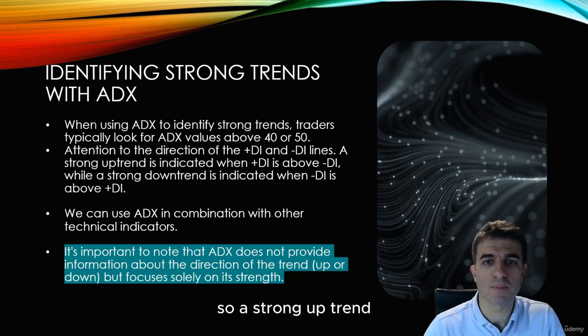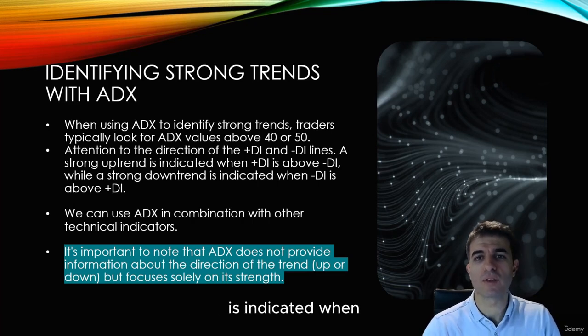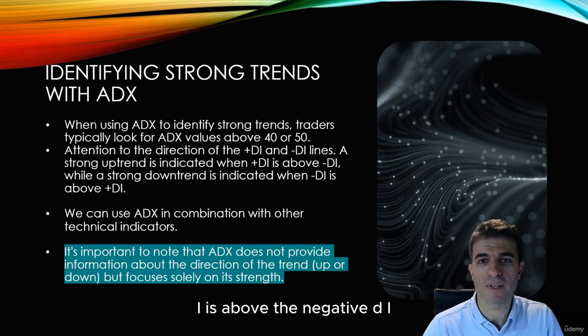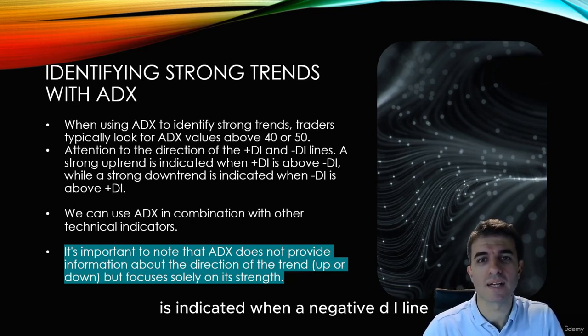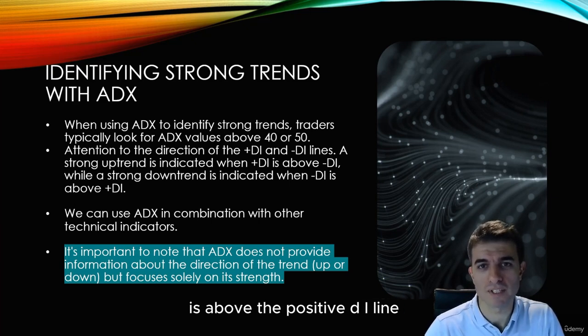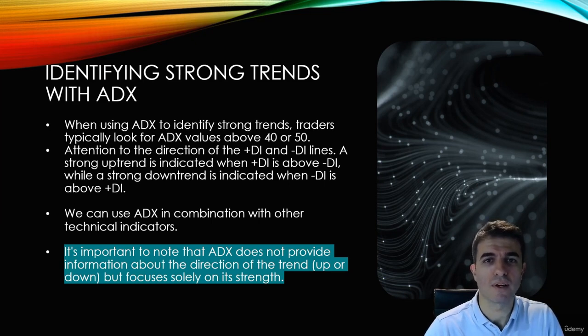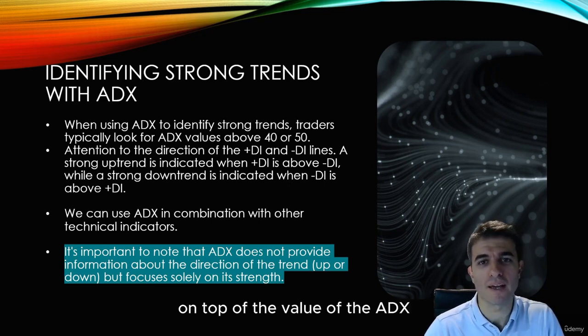A strong uptrend is indicated when the positive DI is above the negative DI, while a strong downtrend is indicated when the negative DI line is above the positive DI line. This also works well to confirm on top of the value of the ADX.